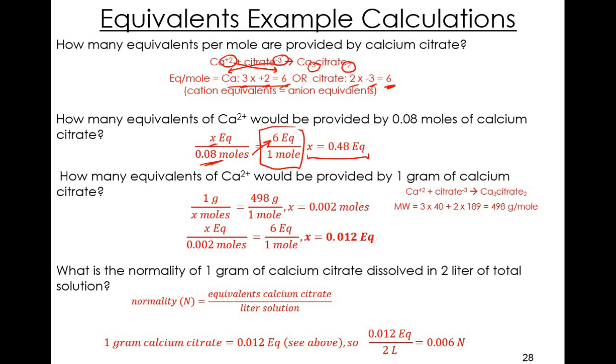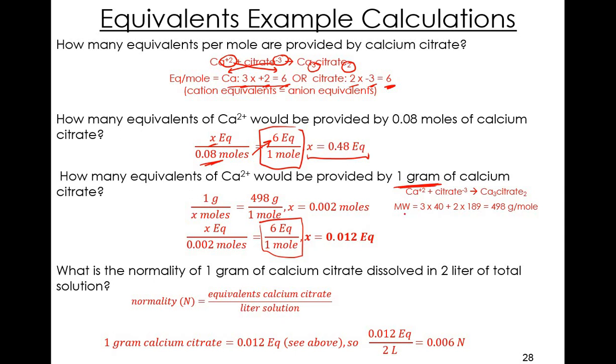How many equivalents of calcium would be provided by 1 gram of calcium citrate? So this has 2 steps in it. Our conversion factor is in equivalents per mole, and we're provided with grams. And so we have to get grams to moles first.